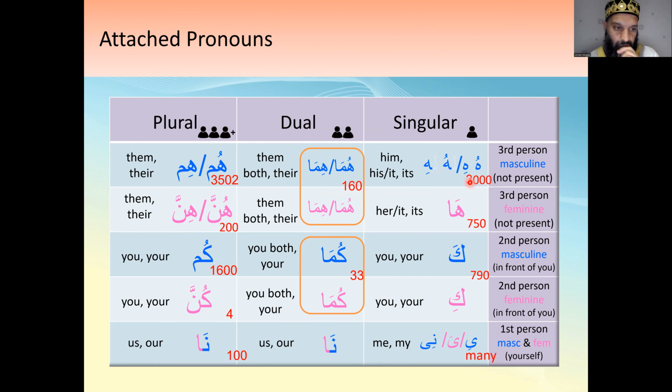For example, bi'abdihi. Why many? Because the search that I used made it difficult to tell which one, and it would take a long time, so I couldn't do that. So I just wrote many. I couldn't figure out the number on that.